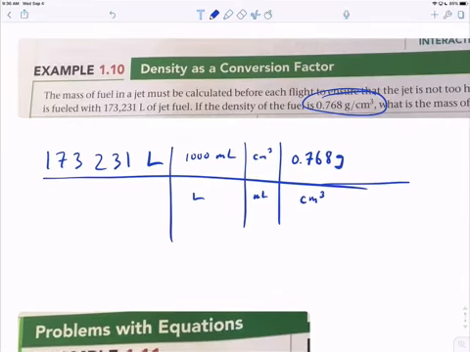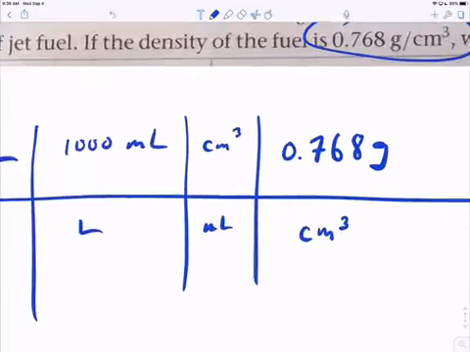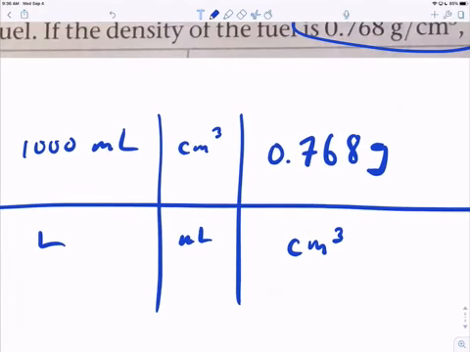If you want to know whether you should multiply or divide in that step, so if you're looking at the 0.768, do I multiply or divide by it? Go by the units.